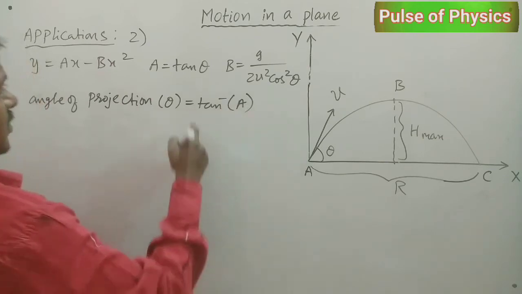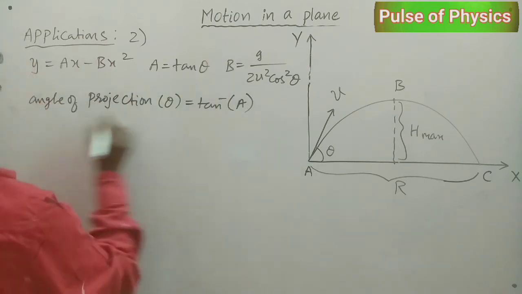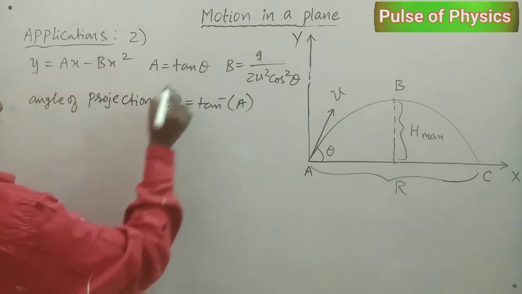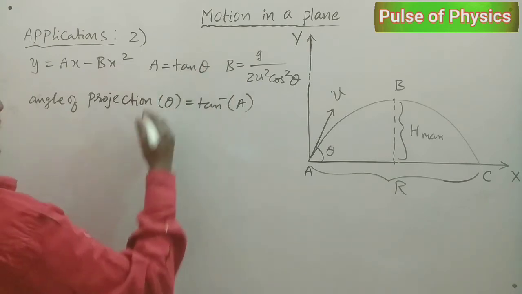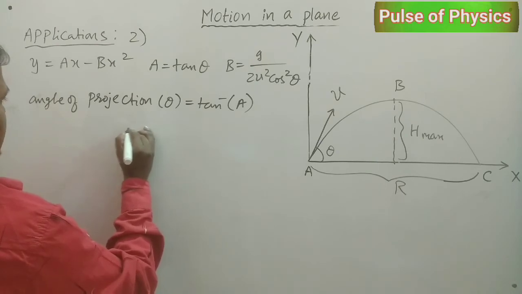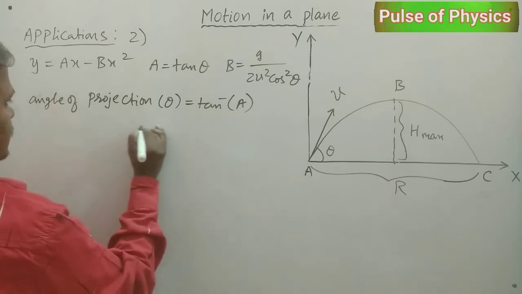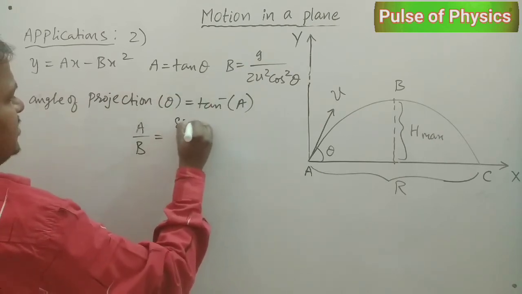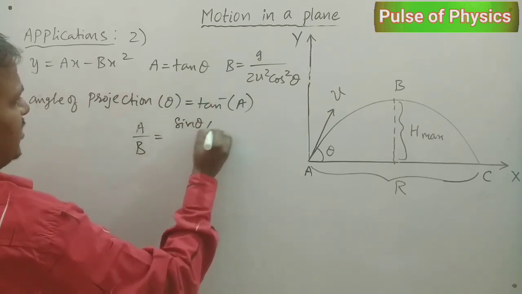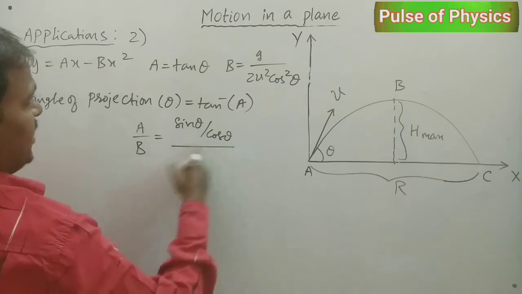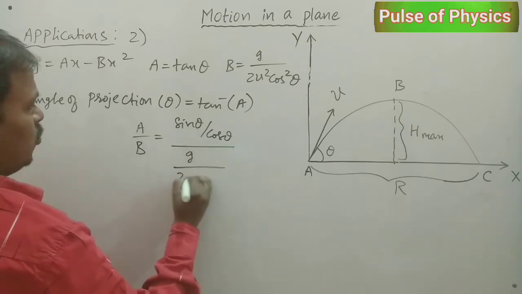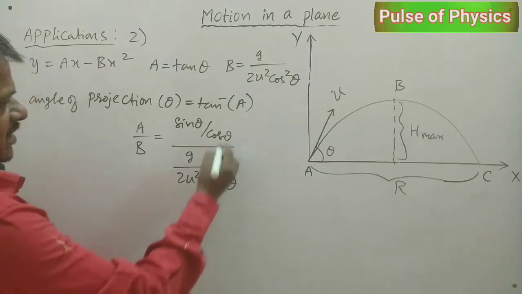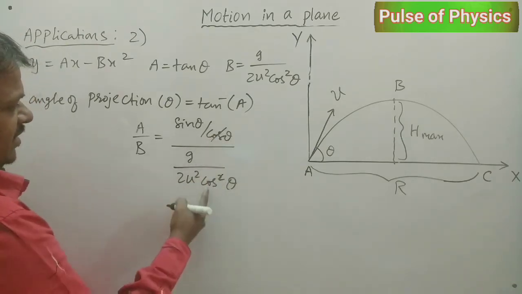Next, A by B we have to find, then what it gives we check. A by B, what is A? Sin theta, then tan theta can be written as sin theta by cos theta. B is g by 2u square cos square theta. See that cos theta and square get cancelled.